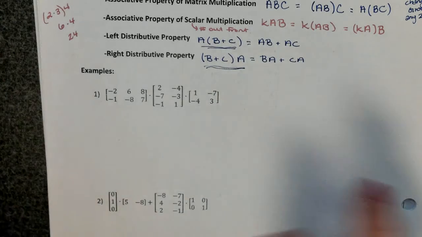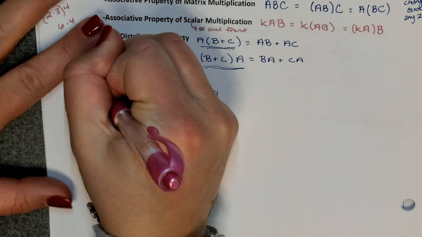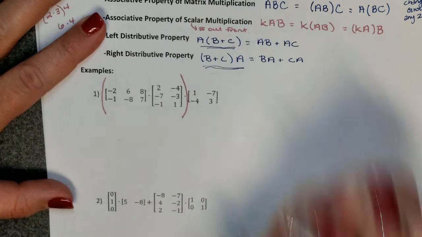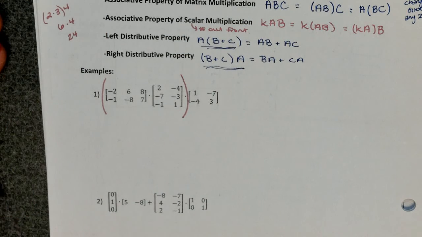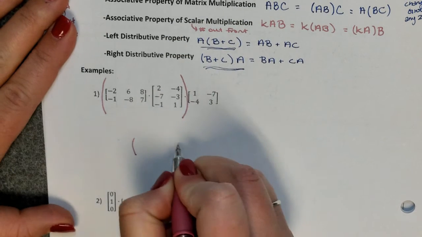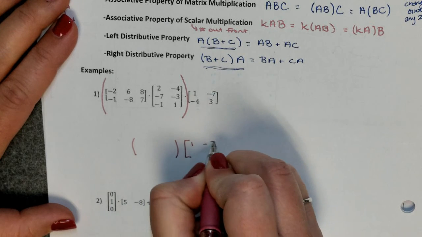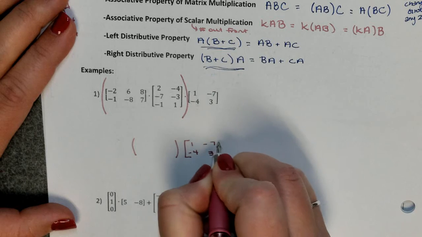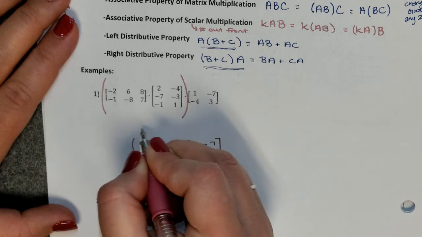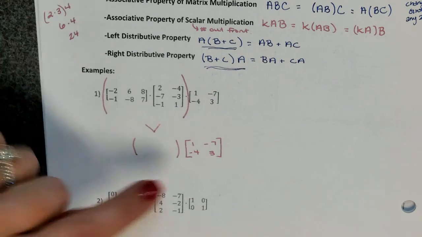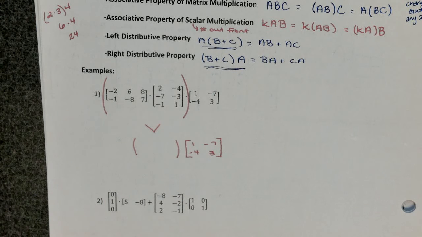Sure, we can do that. So you're just going to think about this as there's parentheses around these two. And we're going to fill in this answer. And then we'll have that times this 1, -7, -4, 3. Whatever that answer is, we'll go right here. Then we'll have that matrix times the matrix, and we'll be able to do this.